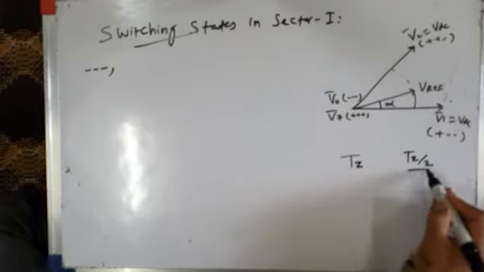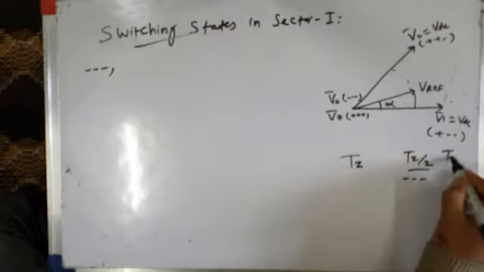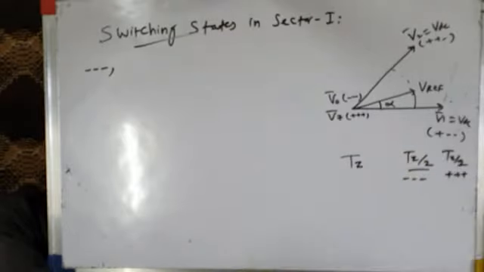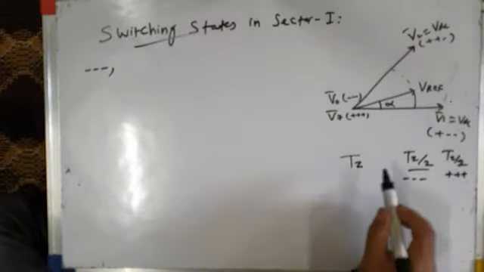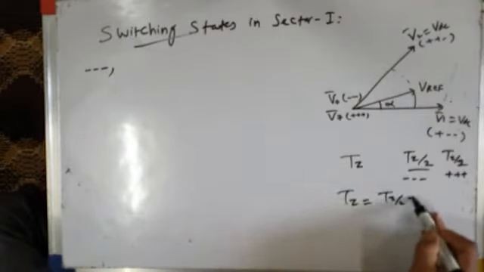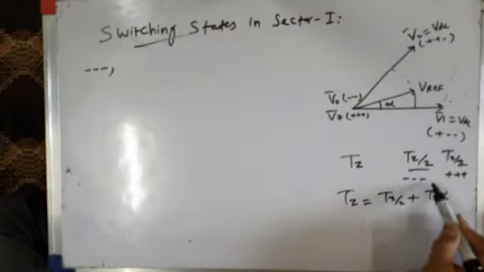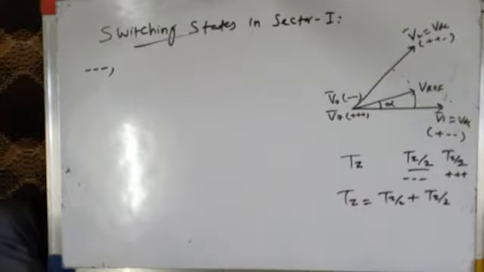And for Tz by 2, I apply minus minus minus zero voltage vector. For another Tz by 2, I apply plus plus plus zero voltage vector. I tell you why, so my total Tz is equal to Tz by 2 plus Tz by 2. I will tell you why both the zero voltage vectors are applied.